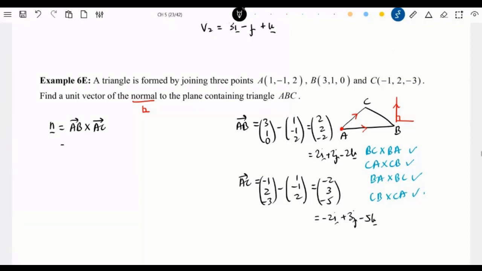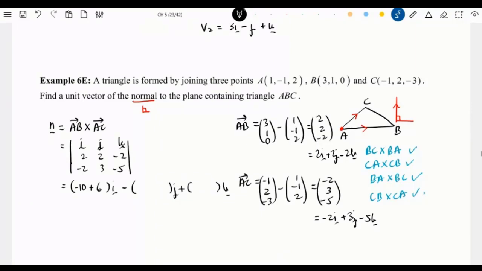Okay, so we put it in determinant form. We have 2, 2, negative 2. AC will be negative 2, 3, negative 5. Okay, for the i part, what minus what? Negative 10 minus negative 6 will be plus 6.